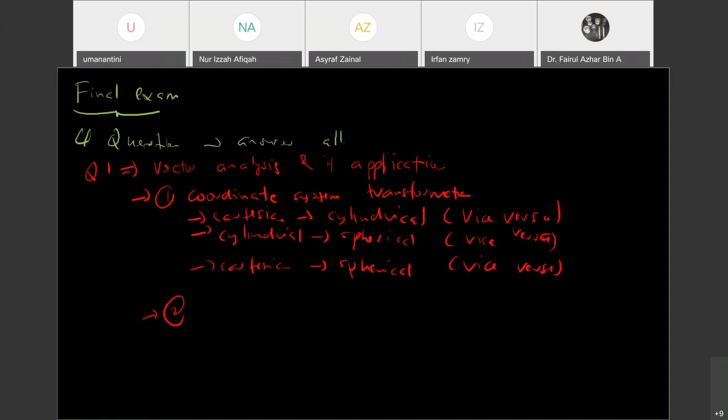Okay, the second thing that will be tested in the question is to implement the vector analysis method in Gauss law.